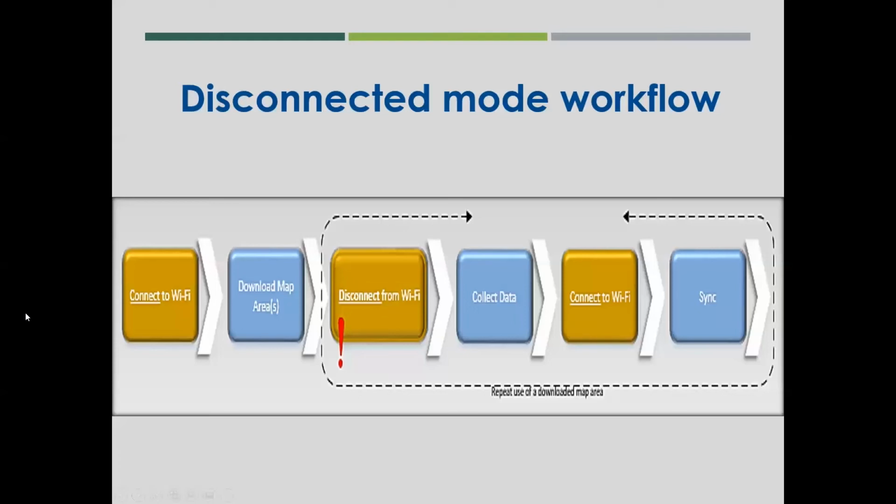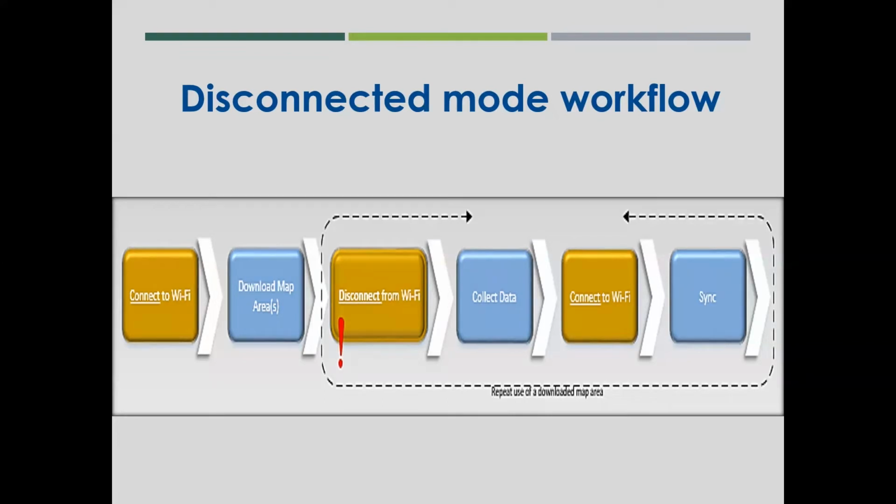Just a quick review on disconnected mode workflows. This should be getting to be familiar. This little diagram shows up every time we talk together and in every manual that you might read. Basically, just like ArcGIS Collector, the ArcGIS Field Maps application is specifically designed to operate in disconnected mode. An area of interest is downloaded while you have a reliable Wi-Fi connection, and then the device is disconnected from the internet.